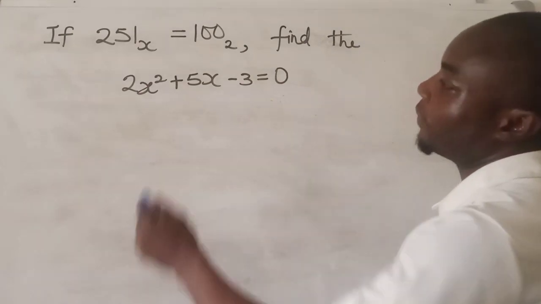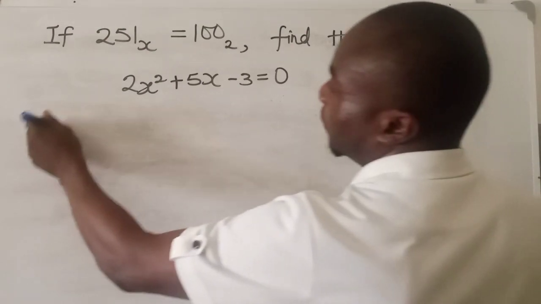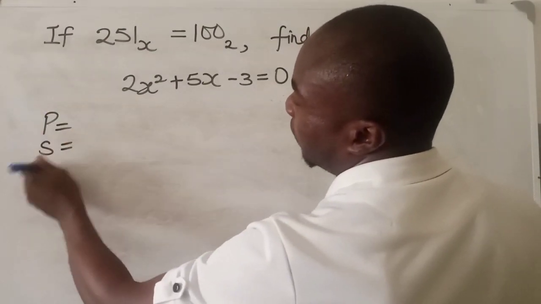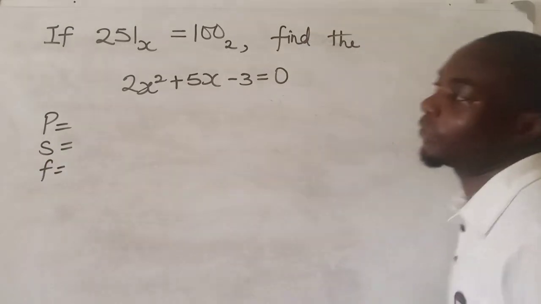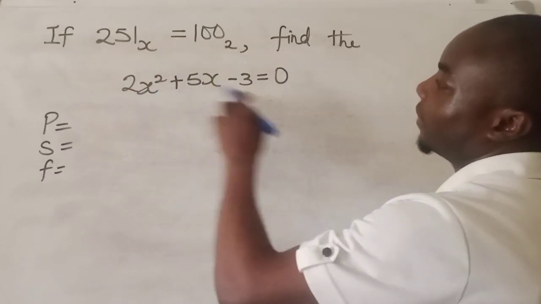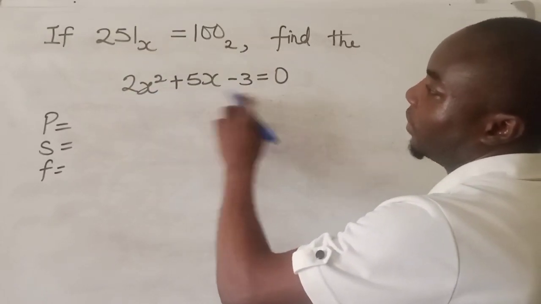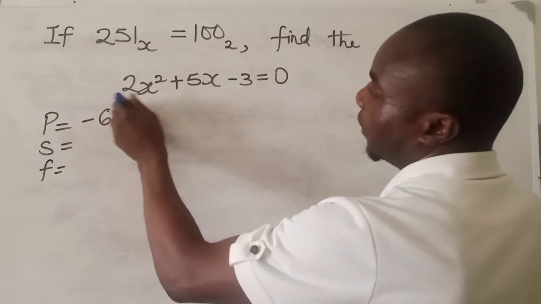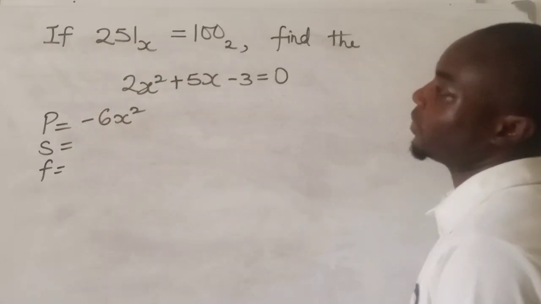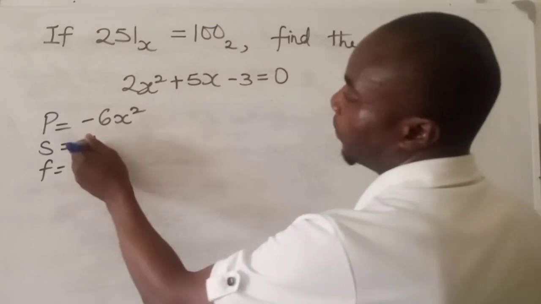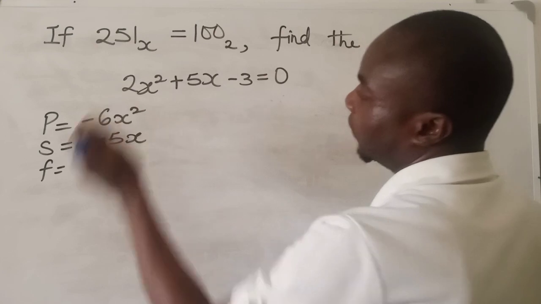In doing that, we'll have what is called the product, the sum, and then we'll get our factors. To get the product, we multiply our constant times the coefficient of x squared. That is minus 3 times 2x squared, which gives us minus 6x squared. That's our product. Then our sum is plus 5x.